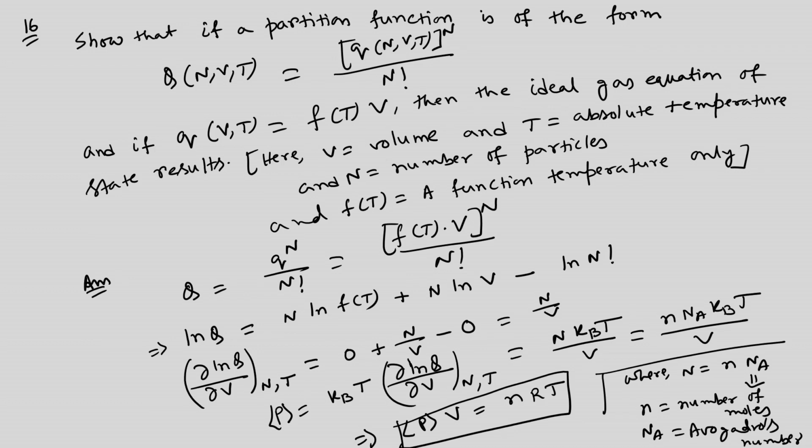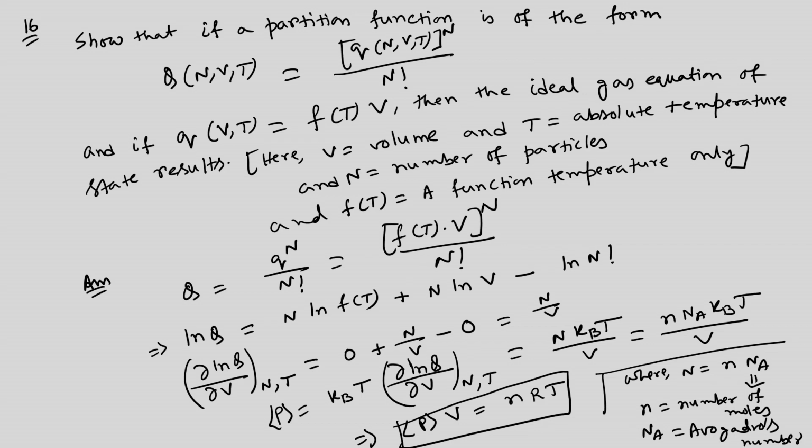To get the ideal gas equation of state from the canonical partition function, we differentiate ln Q with respect to volume, because multiplying del ln Q by del V with kB times T gives us the pressure. Differentiating, we get del ln Q by del V is N by V, and then pressure is kB T del ln Q by del V at constant number of particles and temperature.